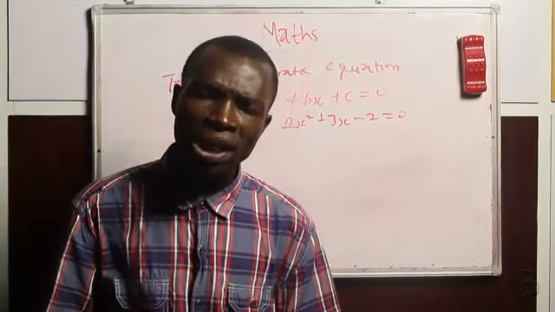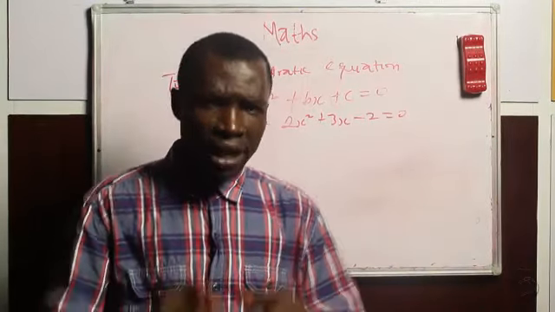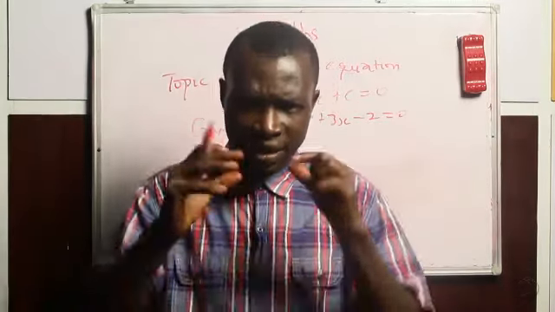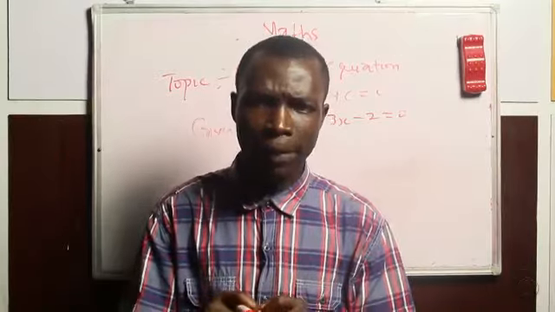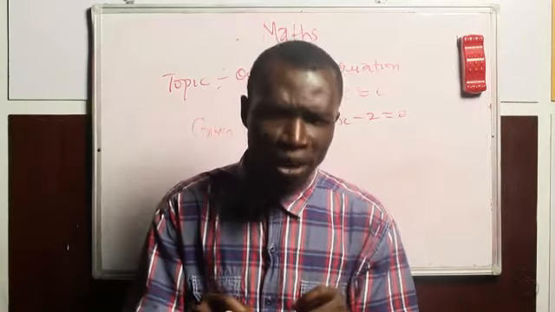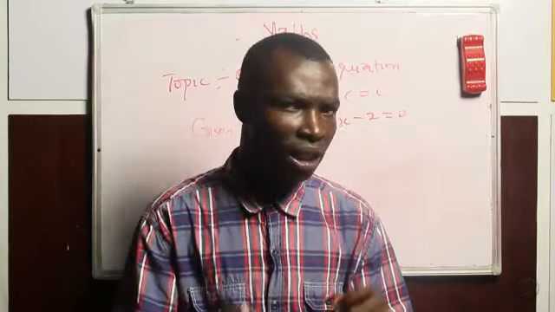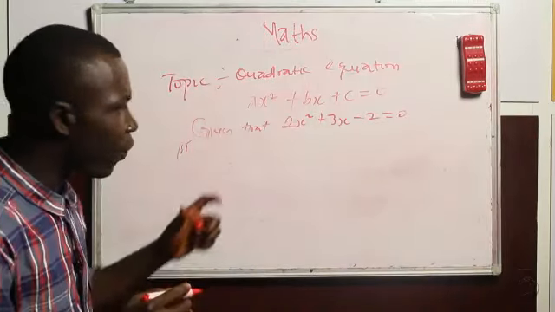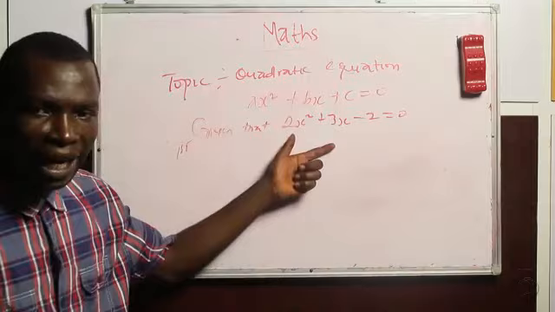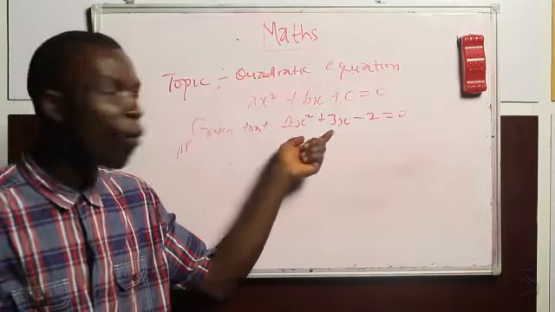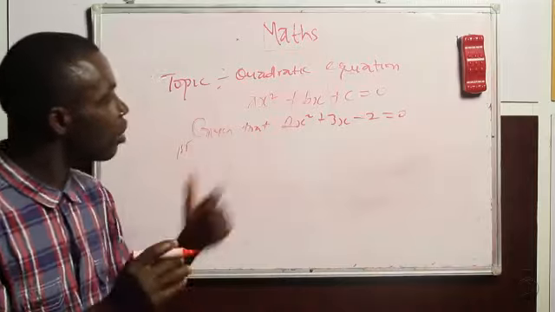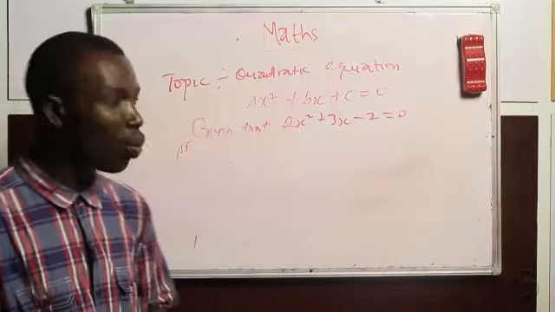Use completing the square method. Now, I want you to listen carefully to understand the steps. The first step to use the completing the square method is you divide the coefficient of x squared all through the equation.